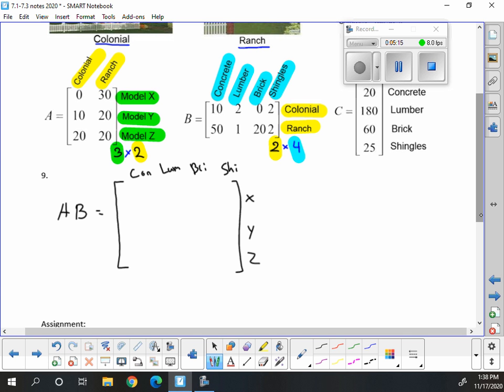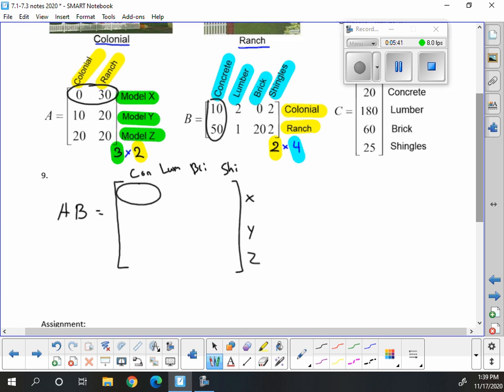Well, let's look at Model X. For this first spot right here, I have two different numbers for Model X, 0 colonial and 30 ranch. And when I look over here, the amount of concrete, it takes 10 concrete for colonial and 50 concrete for ranch.